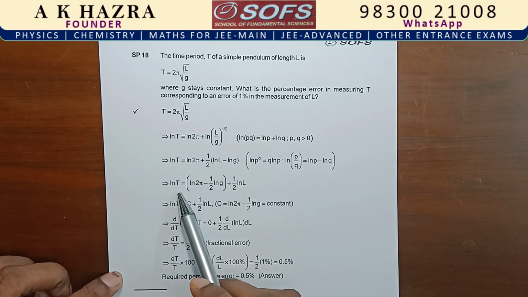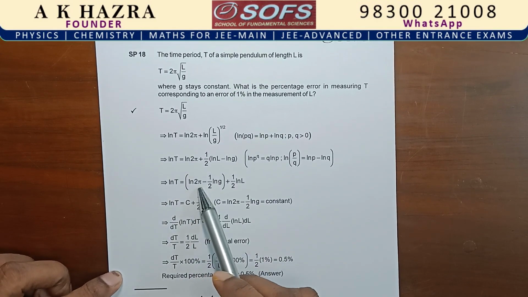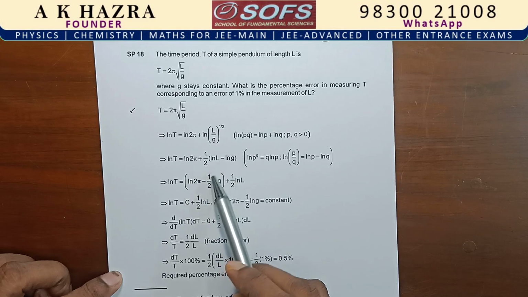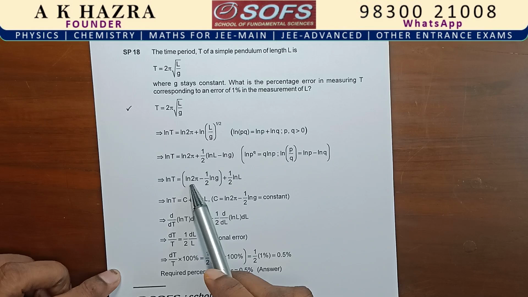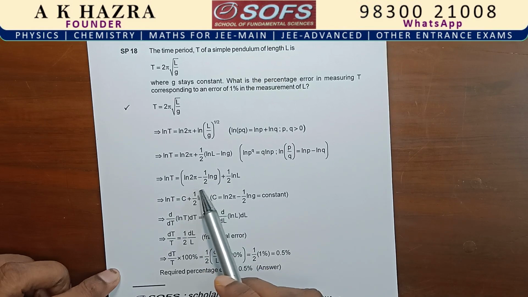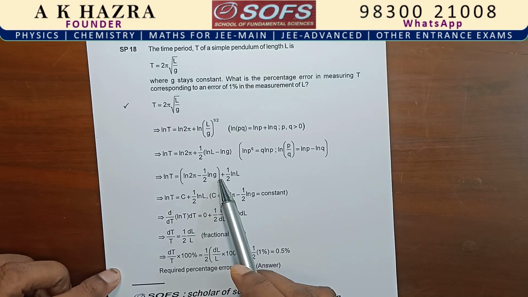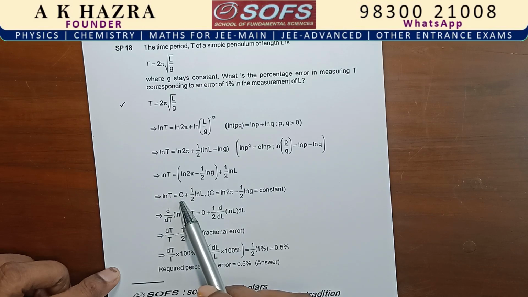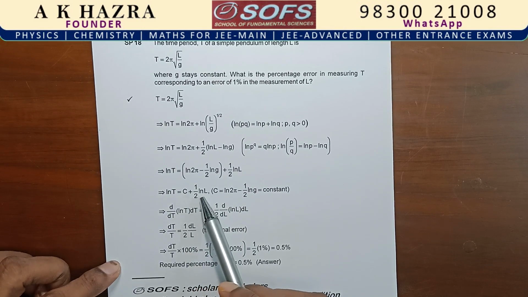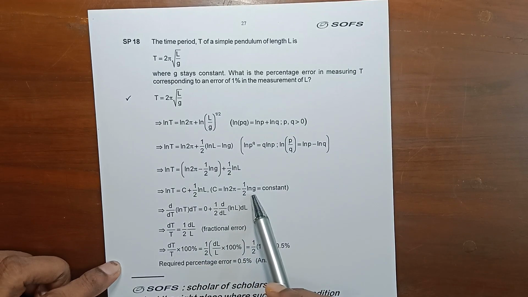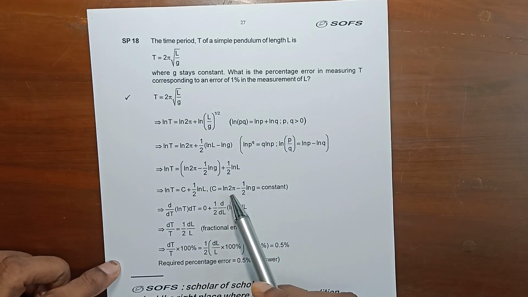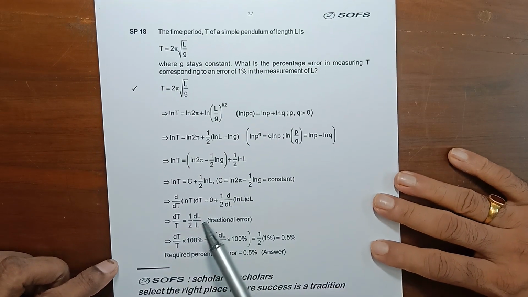So this implies ln T equals ln 2 pi minus half ln g plus half ln L. Ln 2 pi and minus half ln g are constant, so it can be replaced by a constant C. So C plus half ln L, where C is equal to ln 2 pi minus half ln g, a constant, because 2 pi is constant, and g we have also taken constant.